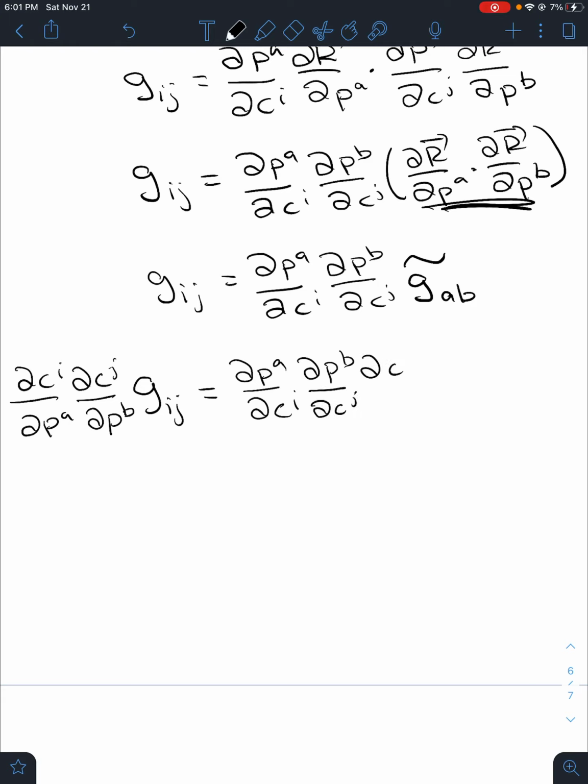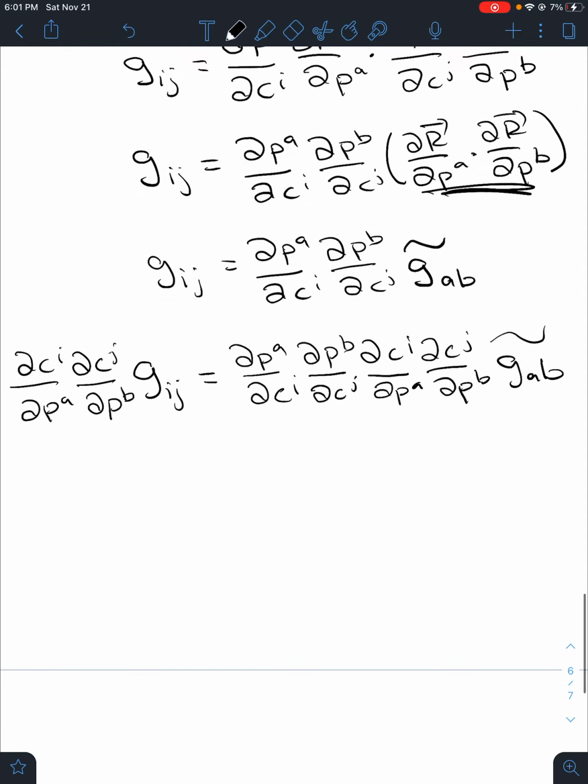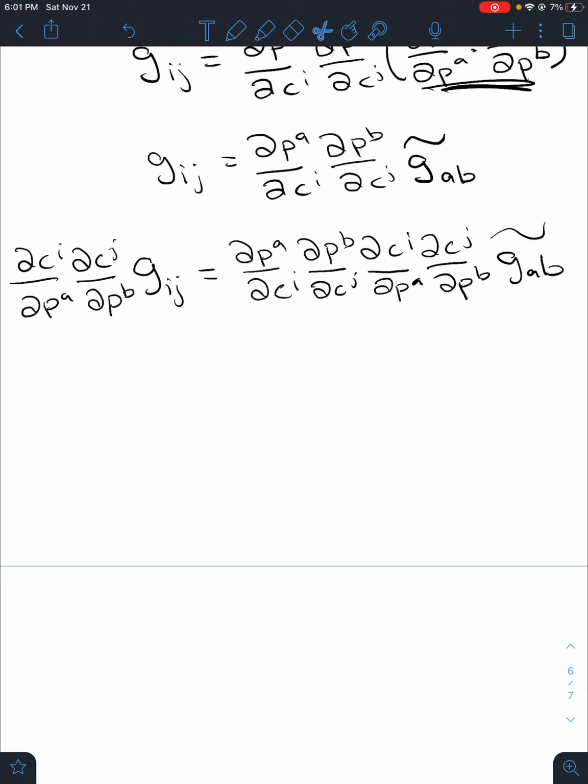Now we can rearrange some of these terms to make what we're doing a bit more obvious.